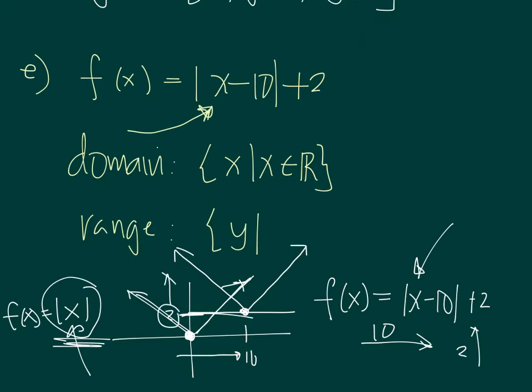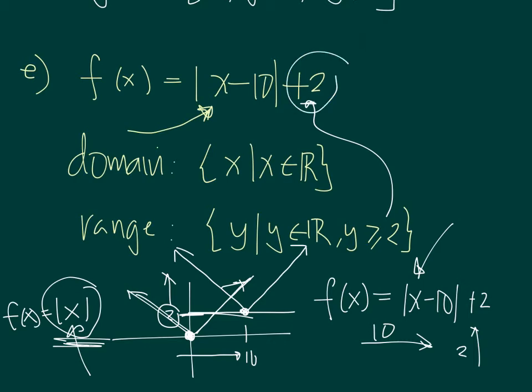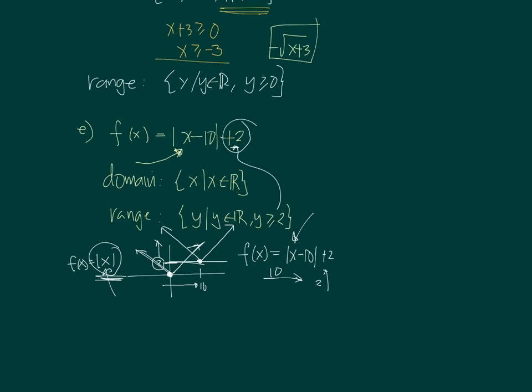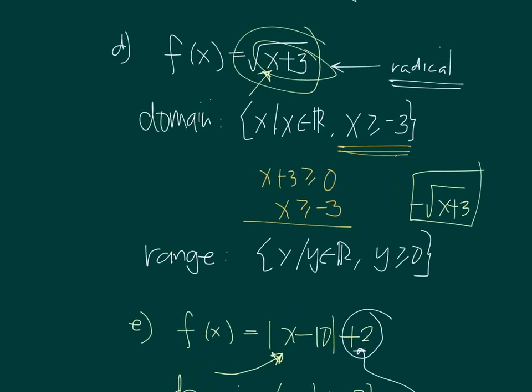Okay, so now y is any real number, but y can only be greater than or equal to 2. And if you take a look at your equation, this is already telling you what number you should consider in the range. Okay, so that's how you find the domain and range of different types of equations.